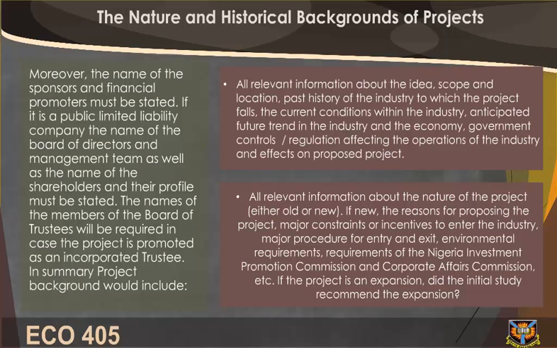Moreover, the names of the sponsors and financial promoters must be stated. If it is a public limited liability company, the names of the board of directors and management team, as well as the names of the shareholders and their profile, must be stated. The names of the members of the board of trustees will be required in case the project is promoted as an incorporated trustee.